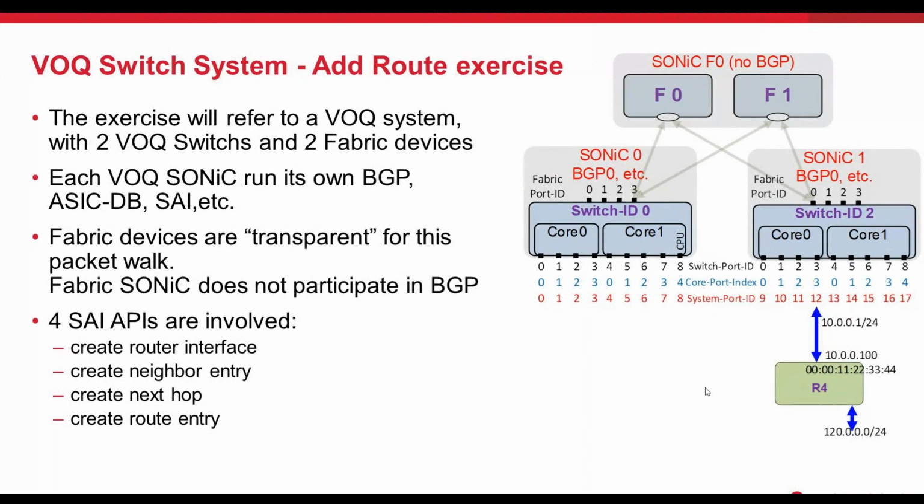And there are additional two fabric devices. They are managed by another image of SONiC that is not running any BGP. And for that exercise, it will mostly be treated as a transparent device. Doesn't have much effect on the functionality of that system.